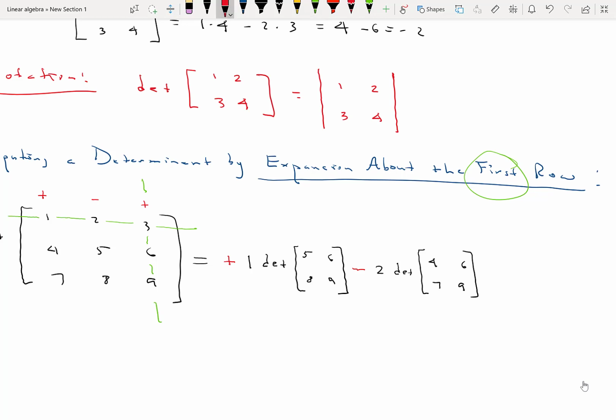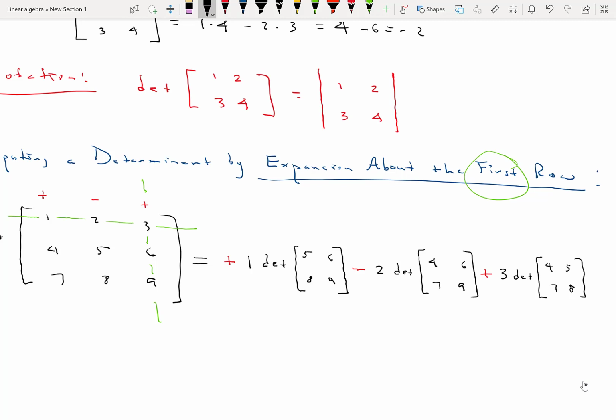The intersection of the vertical line that moved with the horizontal line that doesn't move is at the positive sign, so it becomes the operation plus, and the entry 3, and then we multiply that by the determinant of everything that doesn't have a little green line through it, namely the 2 by 2 matrix whose entries are 4, 5, 7, and 8.